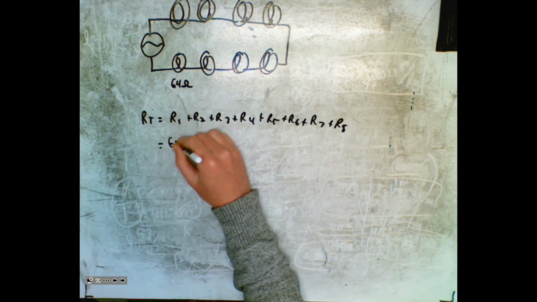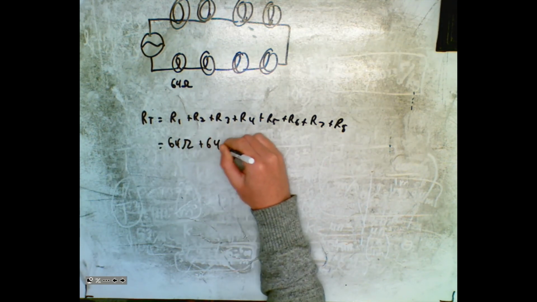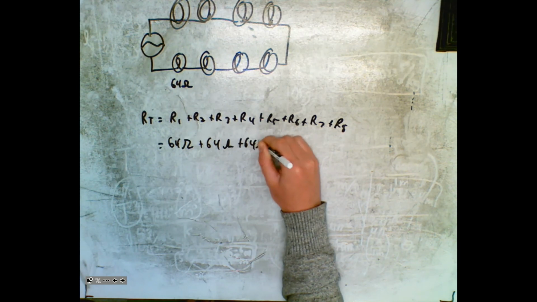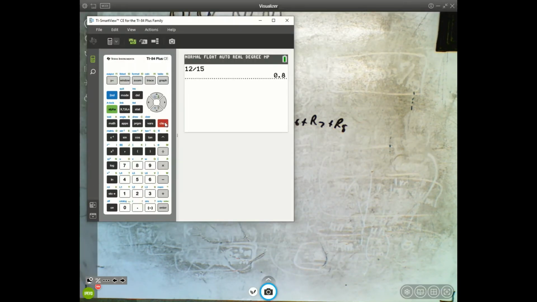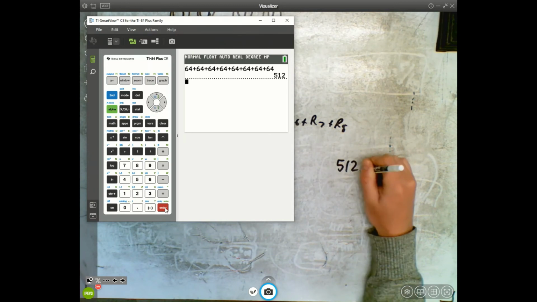So we just have to go 64 plus 64 plus 64 plus 64, and we have to do that 8 times. So if I go 64 plus 64, 3, 4, 5, 6, 7, 8, I can find my total resistance, which is 512 ohms.